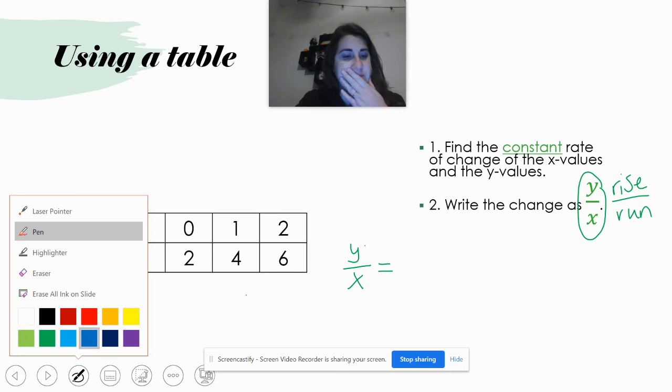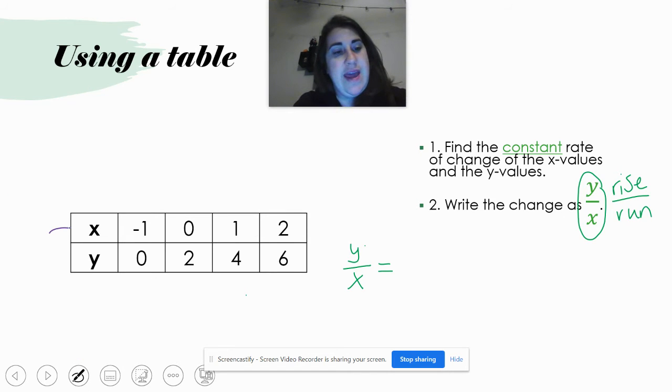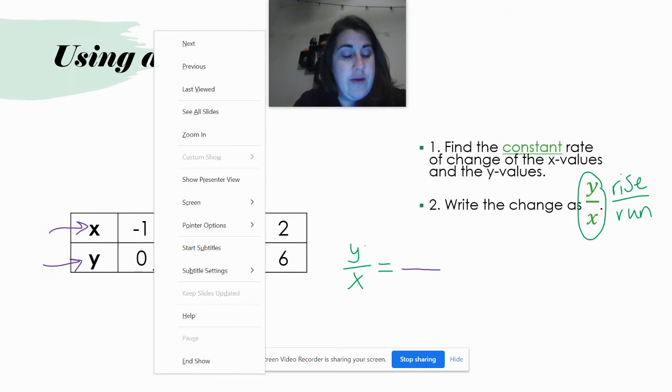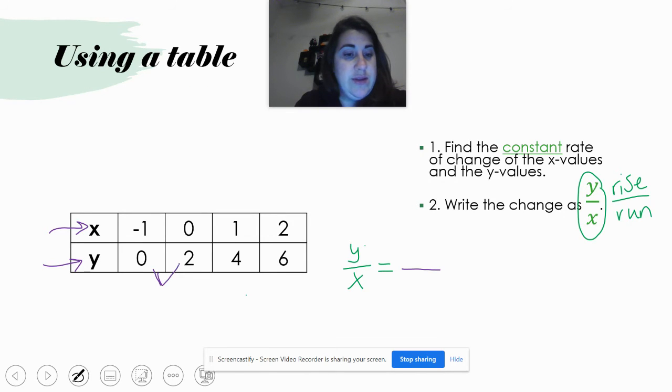So now the tricky part here is, notice how the x is on top? That's going to be our bottom number. And the y is going to be on our top. So I'm going to go from one point to the next. How much change is there from 0 to 2? To get from 0 to 2, I add 2. From 2 to 4, I'm adding 2. From 4 to 6, I'm adding 2.